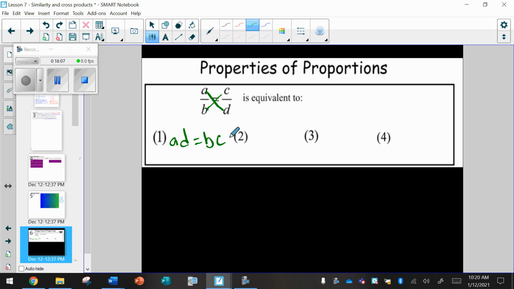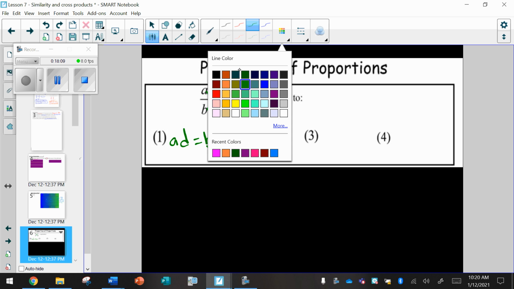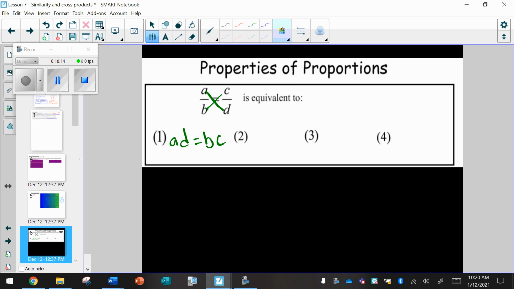With that in mind, you can rearrange your proportion, but still end up with the same result. So instead of A over B equals C over D, what if I did A over C equals B over D?